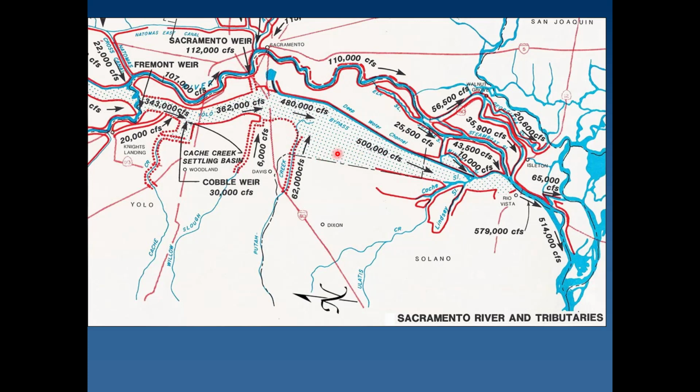And notice these numbers. When flood stage is happening, the Sacramento River can't really take more, even with our mighty levees, than about 110,000 cubic feet per second. After that, it's going to flood. Notice how much water, though, that the Yolo Bypass is carrying during the flood stage. 5 times as much water goes through the Yolo Bypass as the Sacramento River.